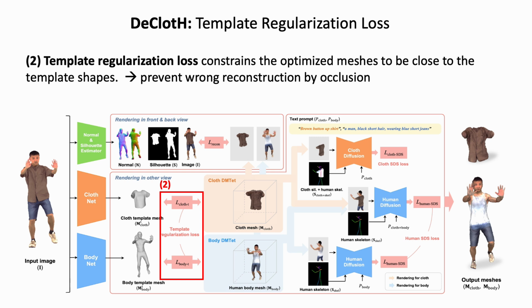Second, the template regularization loss constrains the optimized 3D meshes to be close to the 3D template shapes. It is one of the core loss functions that prevents wrong reconstruction by occlusion.